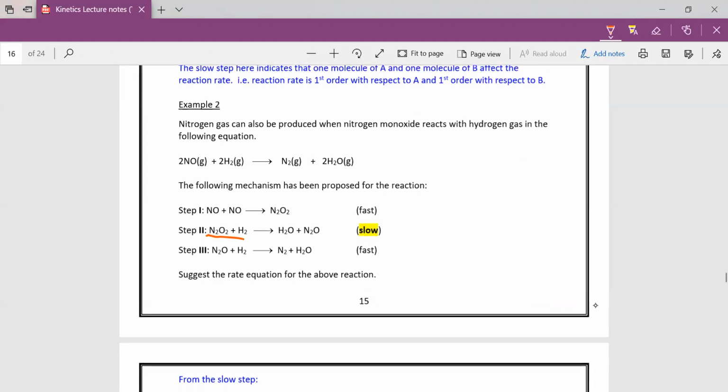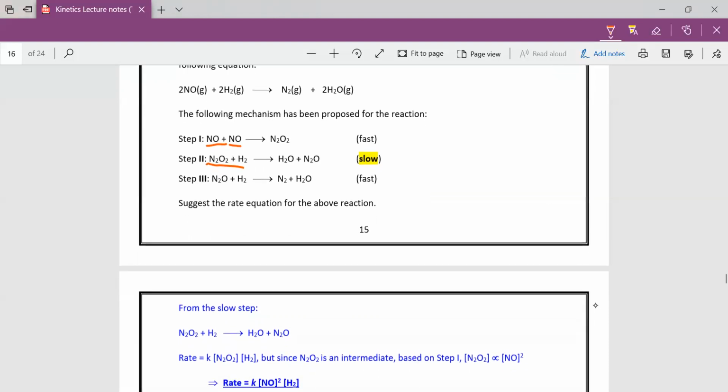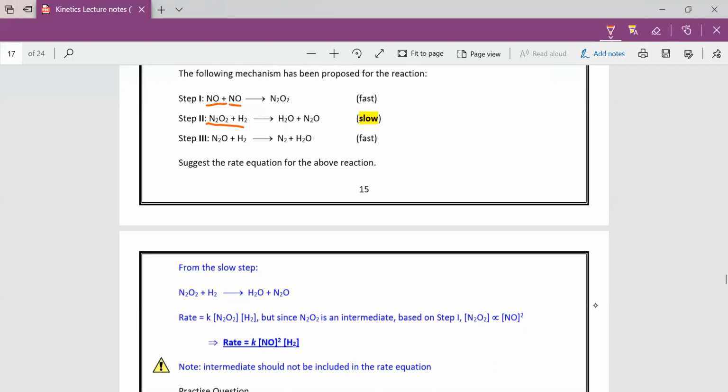But because N2O2 is an intermediate and not a reactant, we will need to base N2O2 on 2 of NO, because NO is a reactant. So therefore, our final rate law is rate equals k times NO squared and H2 concentration.